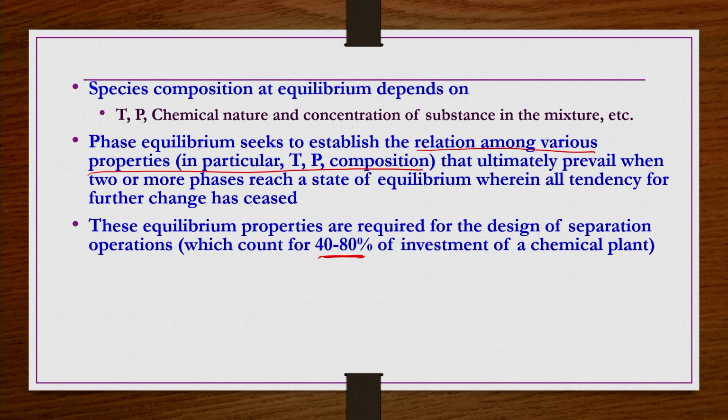Such important are the separation processes in a chemical plant. Because of that reason it is required to establish these equilibrium properties, so that the design of a separation operation can take place efficiently.